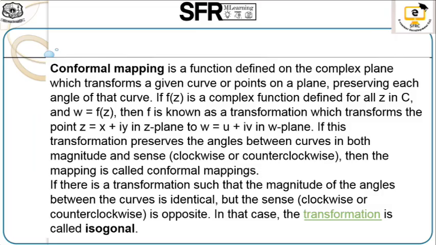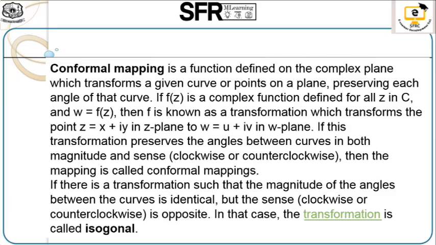Next, let us know about the conformal function. We know that it is a complex plane transformation which transforms a given curve or points on a plane, preserving each angle of that curve. If f of z is a complex function defined for all z, that is W equal to f of z, it is said to be a transformation.